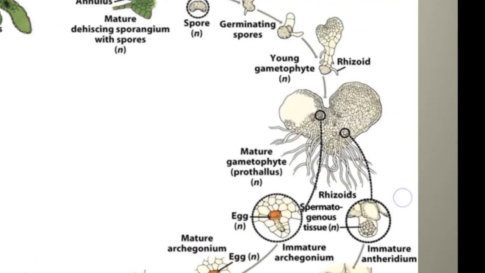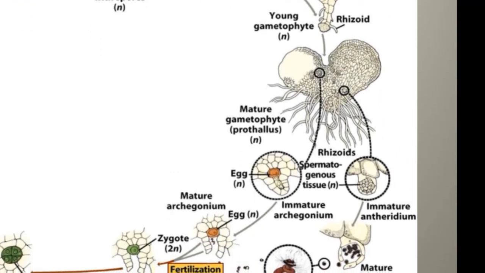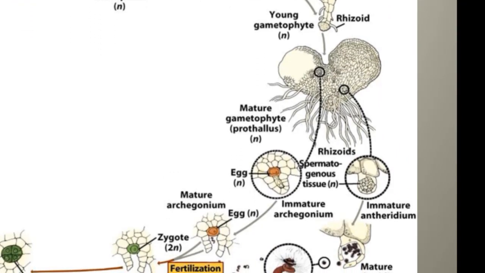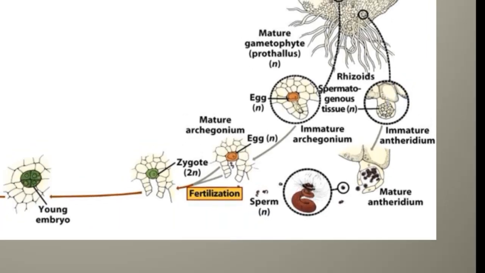Here in this particular prothallus, male and female organs, that is antheridia and archegonia, are both formed. The archegonium has a neck-like structure, and the antheridium forms a sperm, a motile structure. With the help of water, that male sperm enters inside the neck of the archegonium, and there fertilization takes place.